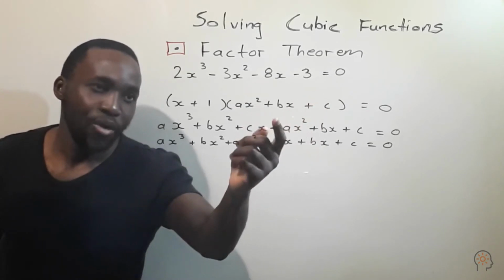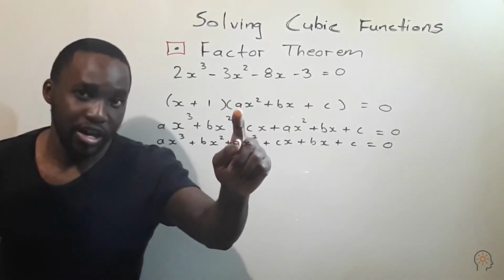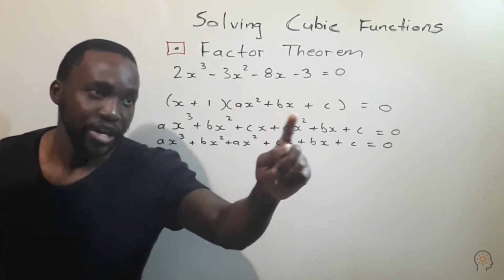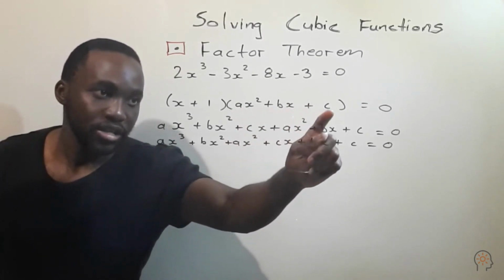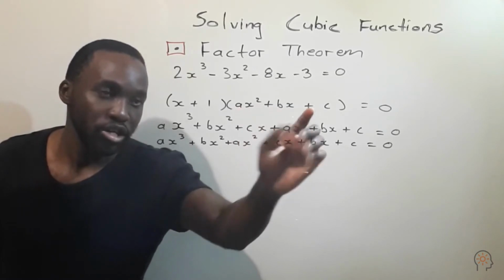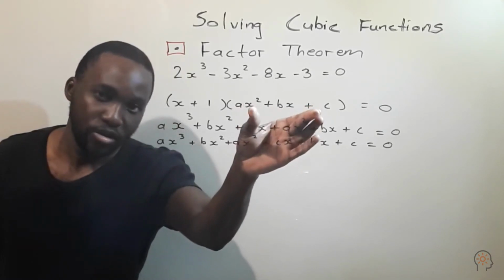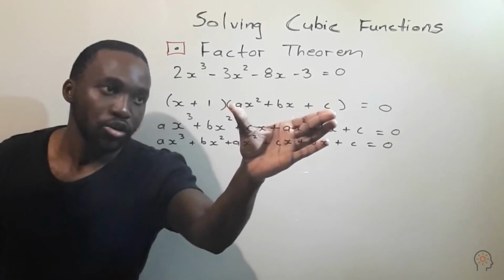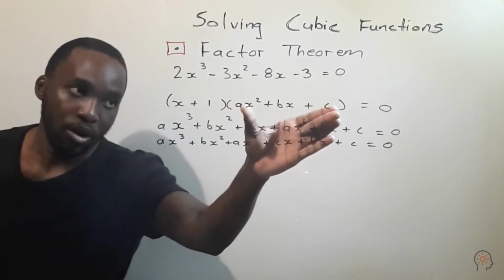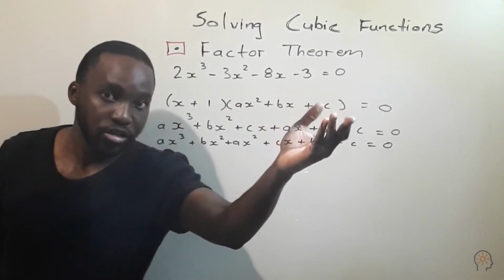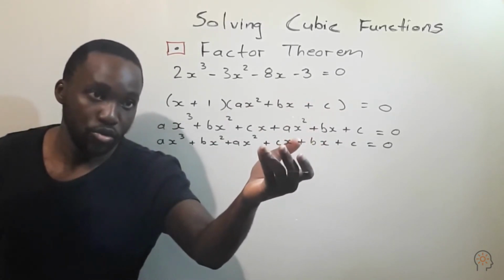So technically our task is to get a value for A, a value for B, and then a value for C. Because as long as we get these three values, we will have an expression for this bracket, and as long as we have an expression for this bracket, we will be able to use our quadratic formula to solve for it, so that we get all our other solutions.